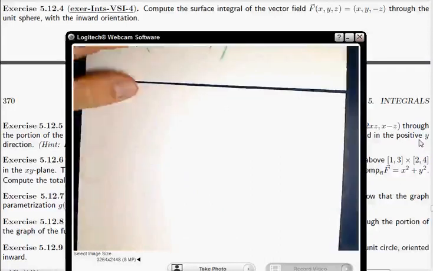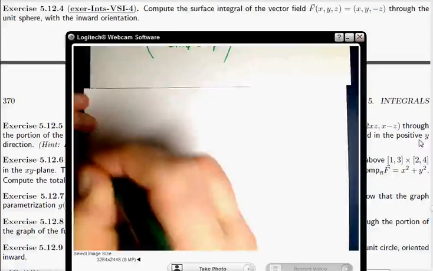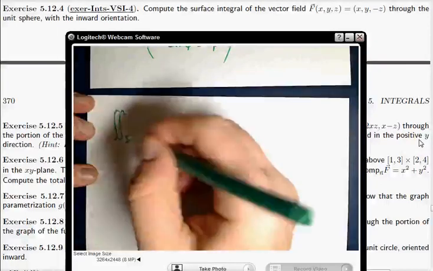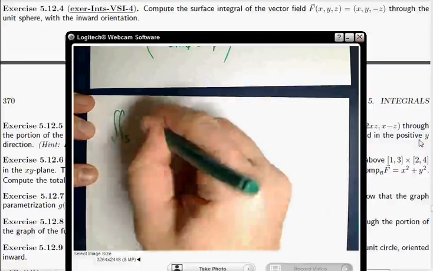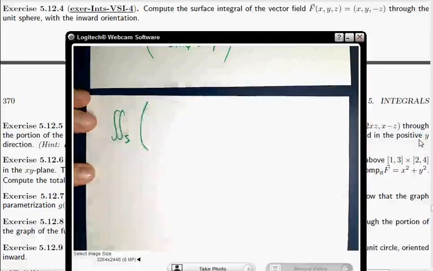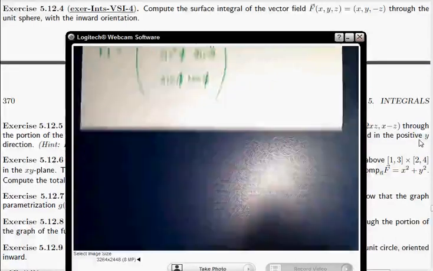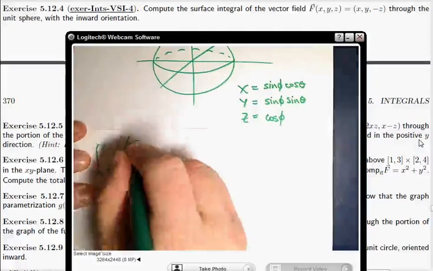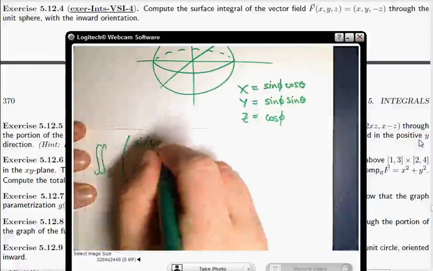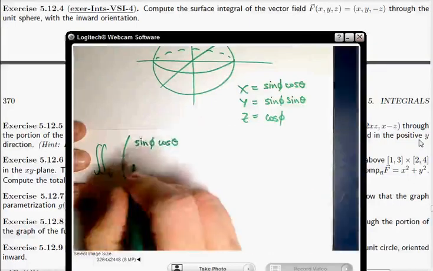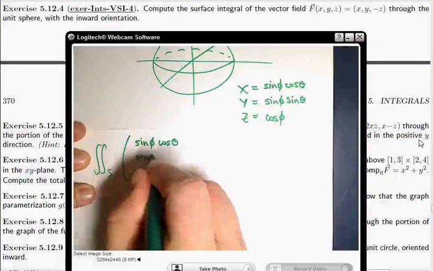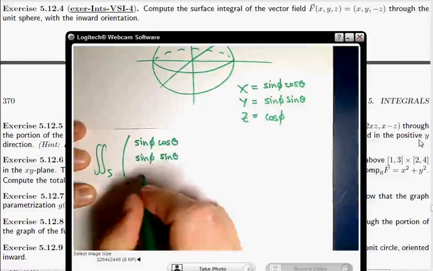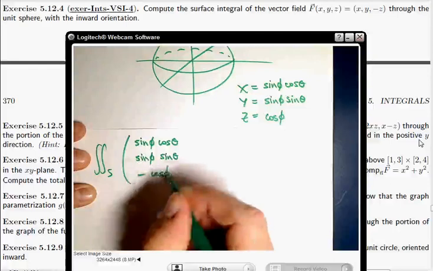So we're computing the vector surface integral, otherwise known as flux, through a surface of F. Now F is x, y, negative z. So x, y, negative z is negative cosine phi.